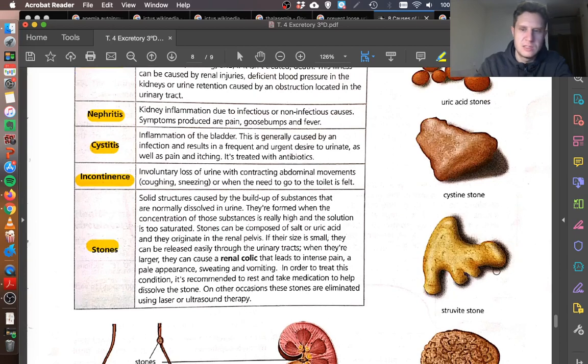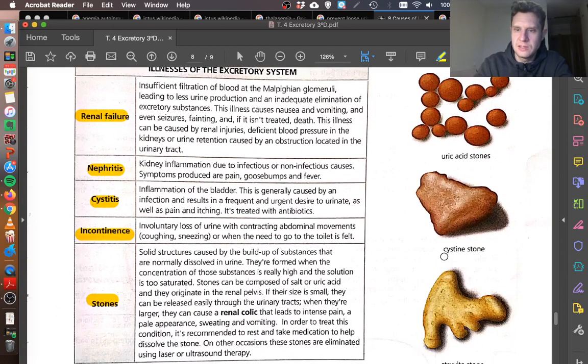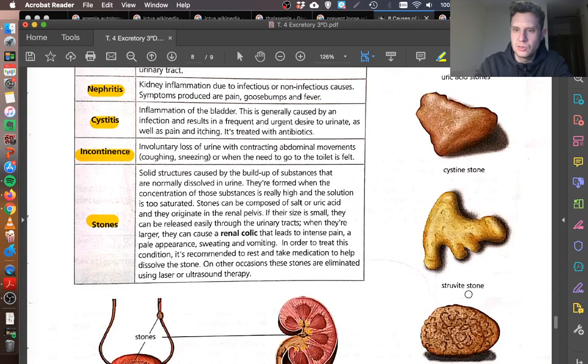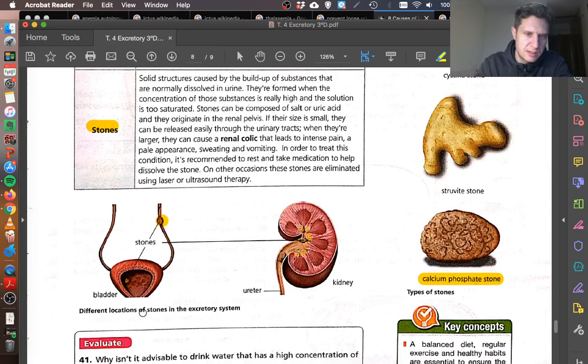These are the stones: uric acid stone, cystine stone, and struvite stone. And calcium phosphate stone, when we have a lot of calcium. The stone can be here in this part, or can be inside of the bladder, so you cannot pee, or here in the pelvis of the kidney.